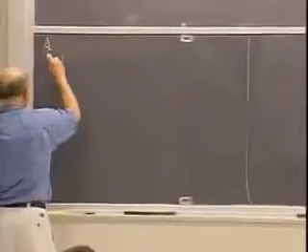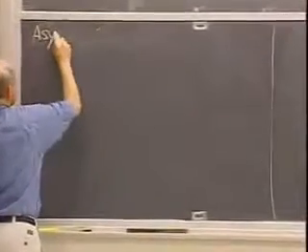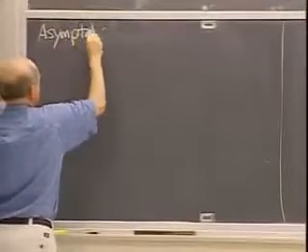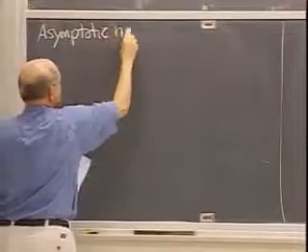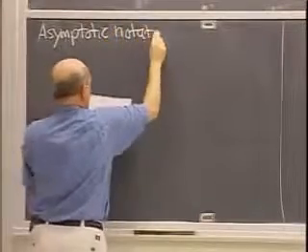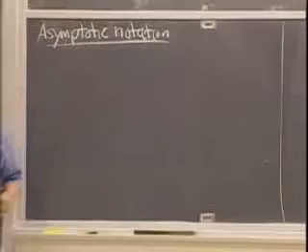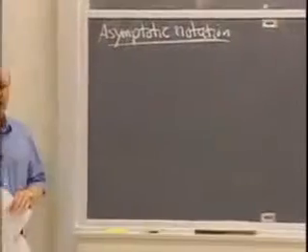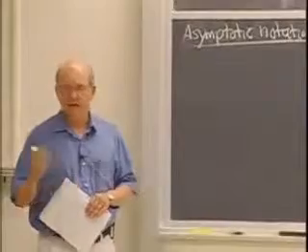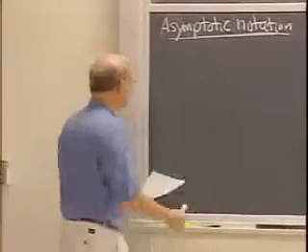In order to do that, we adopt some notation that is going to help us. In particular, we adopt asymptotic notation. Most of you have seen some kind of asymptotic notation, maybe a few of you haven't, but mostly you should have seen a little bit.